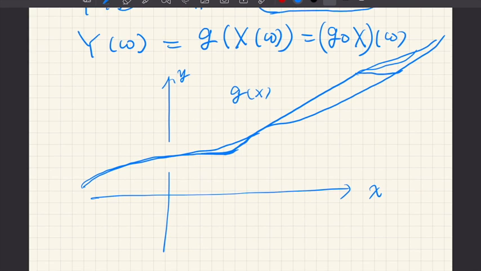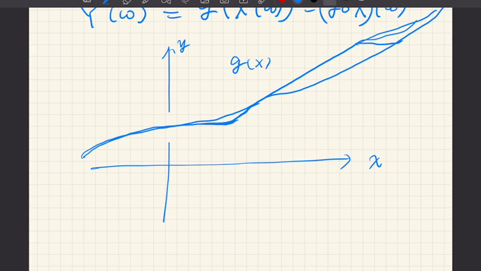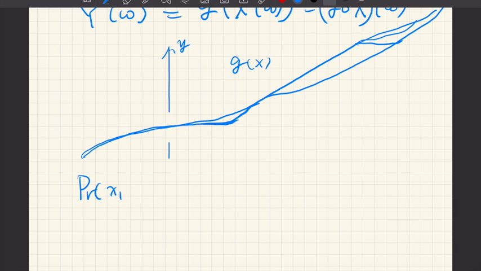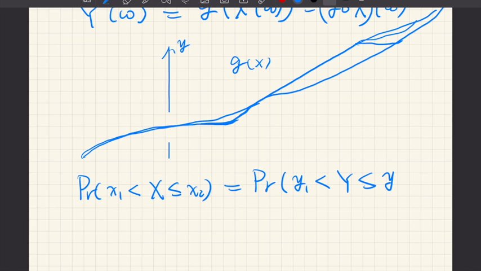Okay, if that's the case, then the probability that the value of x is between x1 and x2 should be equal to the probability that y is between y1 and y2, where y1 is equal to g of x1, y2 is equal to g of x2, right?